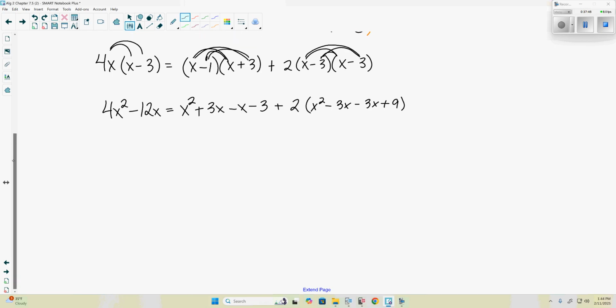Let's combine like terms. Well, 4x squared minus 12x is just going to stay that way. On the other side, we have x squared. 3x minus x is going to be positive 2x. Inside the parentheses, negative 3x minus 3x is going to be negative 6x.